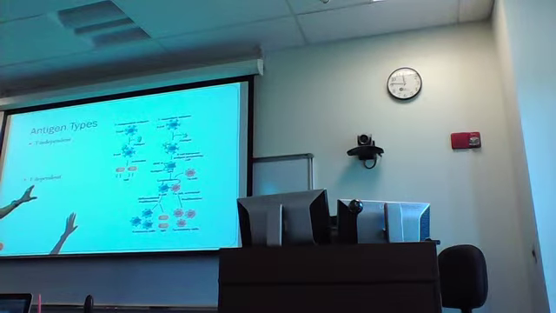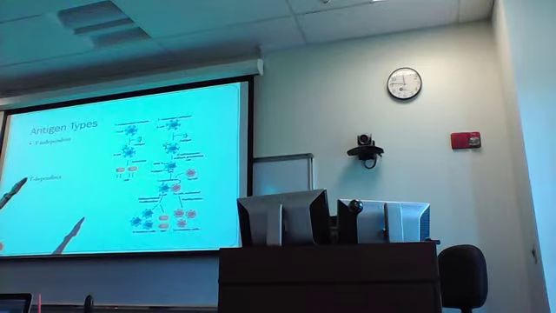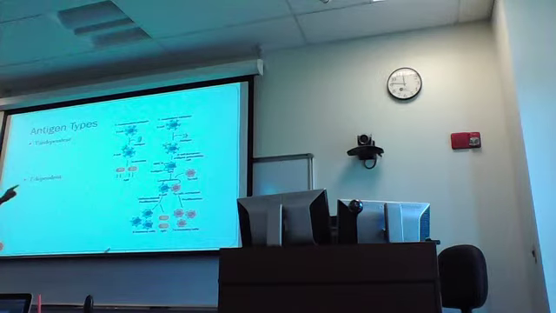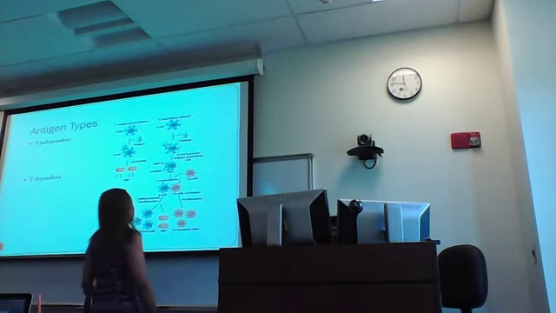So T-independent antigens are not very antigenic. They can get through their current predicament, but they don't go through all this process that involves T helper cells, so there's no memory involved. Okay? T-dependent antigens are more antigenic.